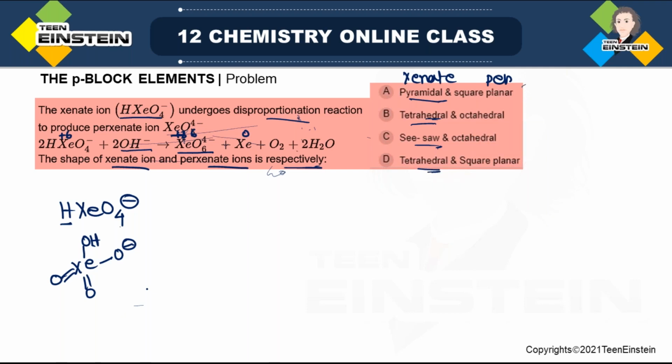It is not that you simply draw the structure and you will get the answer. No, that is not possible. So what we will do is follow VSEPR, because when we know the hybridization, only then can we understand the shape.